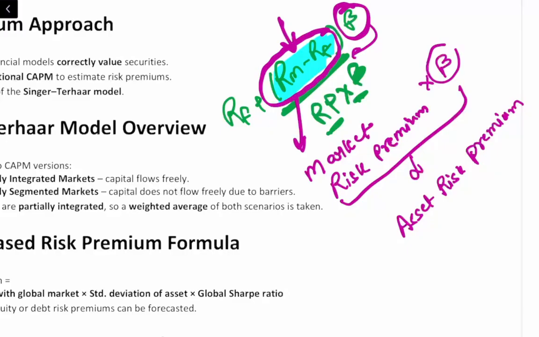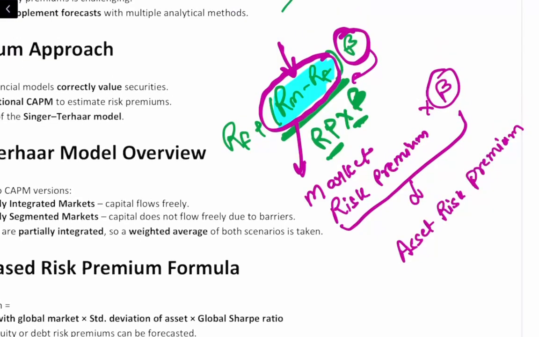Because I've used the beta of that asset with respect to the market. Clear? So can I say this is risk premium of the market denoted by RPM, and when you multiply risk premium of the market with the beta, you will get risk premium of the asset, denoted by i. Risk premium of the asset.